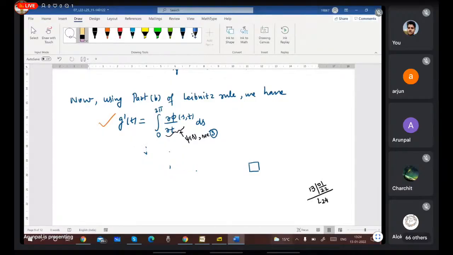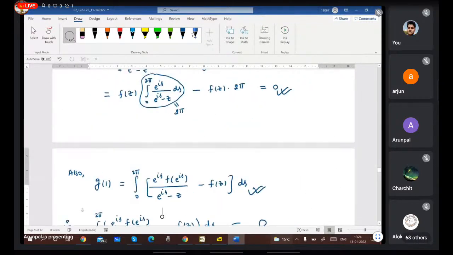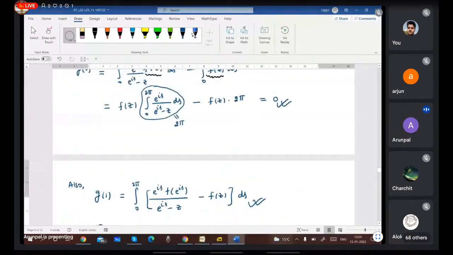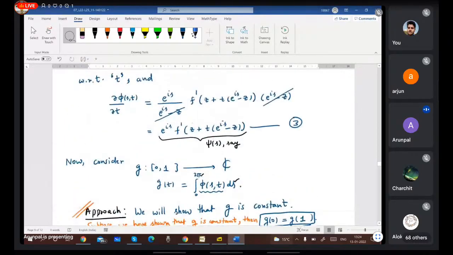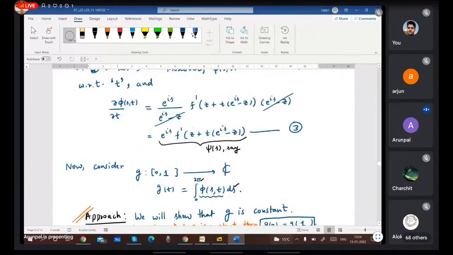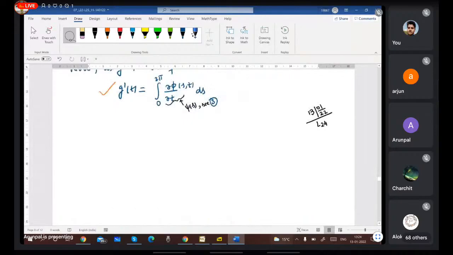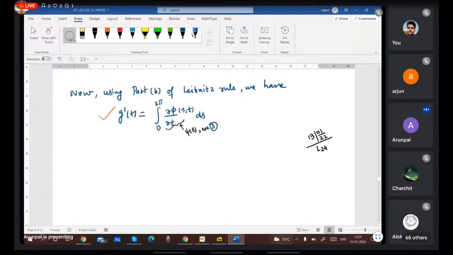And if you recall, we denoted del phi by del t with the help of this psi s in expression number 3. So now let's continue.